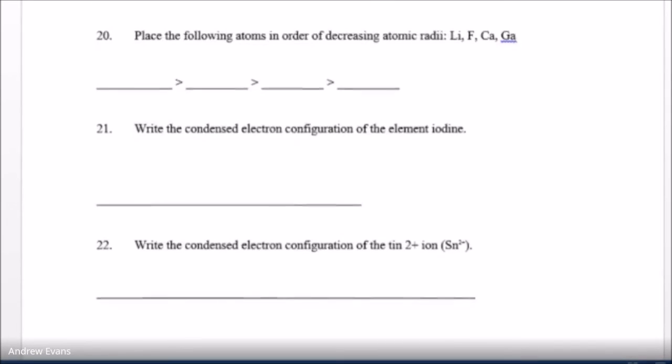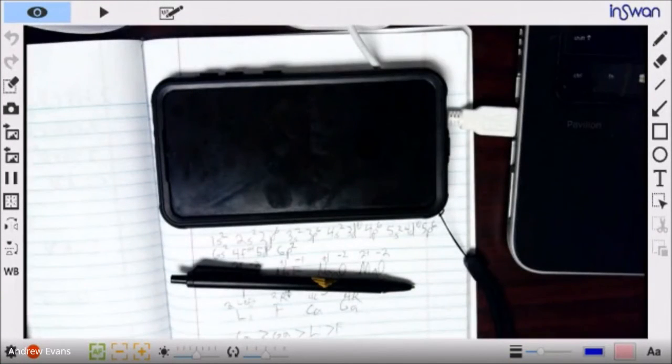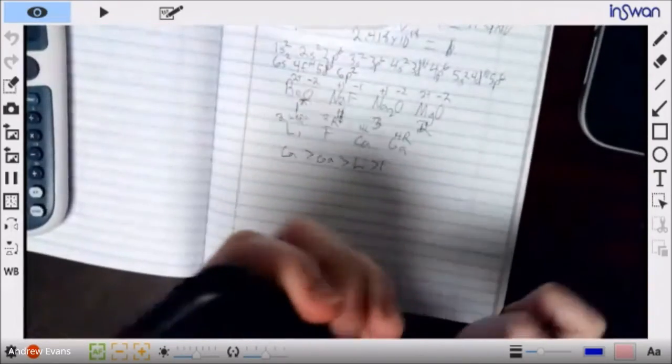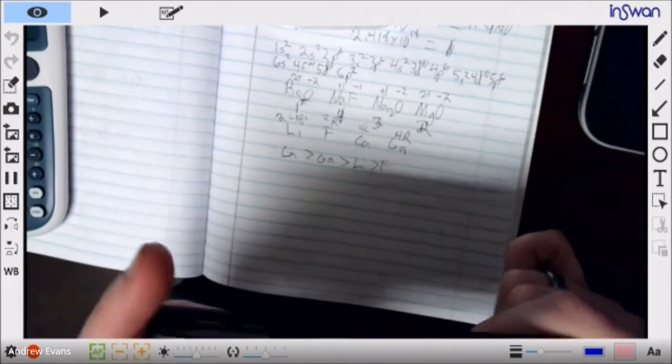Write the condensed electron configuration of iodine and the condensed electron configuration of tin 2+. Iodine is right over there.